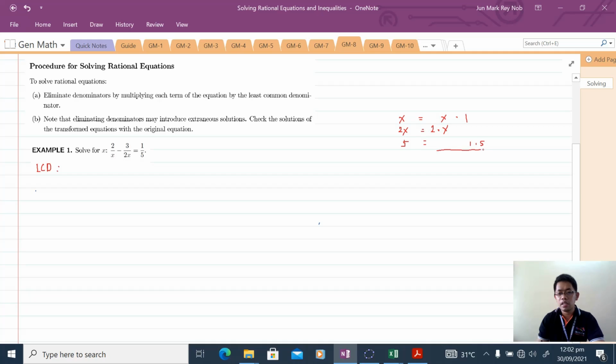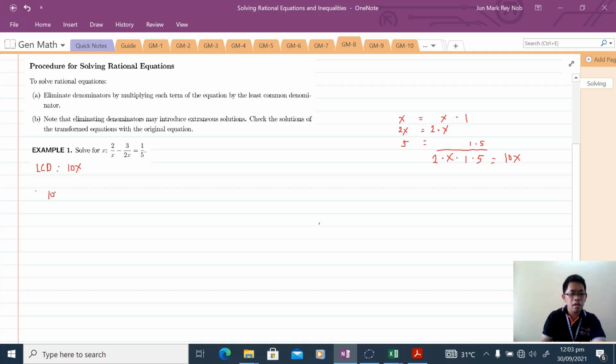And then lastly, just simply write the numbers per column. So 2 times x, in the third column we have 1, and in the last column we have 5. The resulting product, 2 times x is 2x, times 1 times 5, that's 10x. The resulting product will become our LCD.